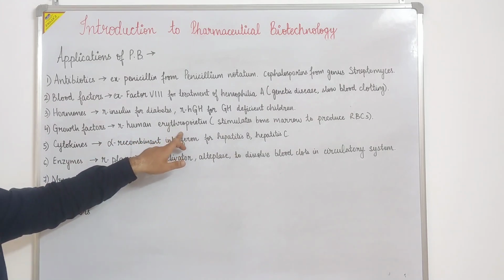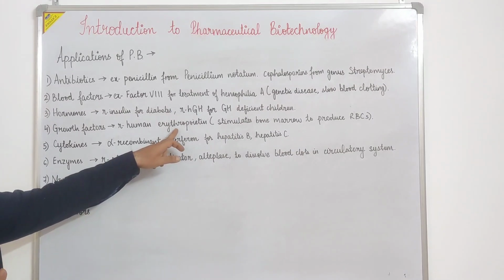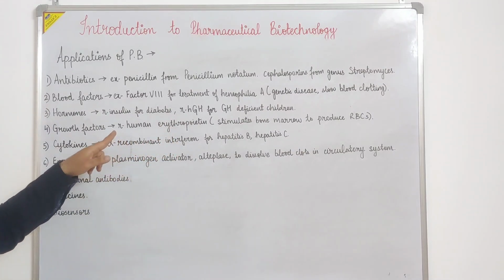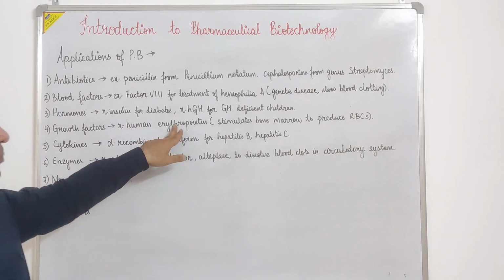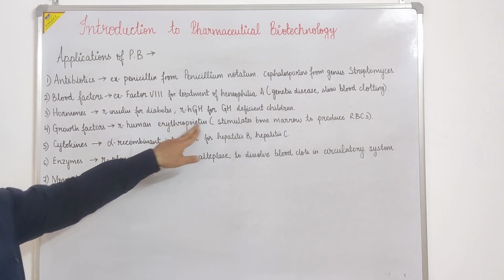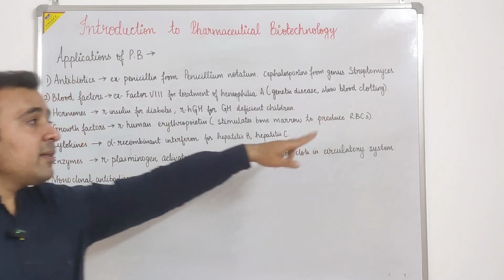This erythropoietin is a hormone produced by the kidney. In patients whose kidneys have been damaged or are not functioning properly, erythropoietin production is very low, so they take recombinant human erythropoietin injections. This hormone stimulates the bone marrow to produce red blood cells in the human body.